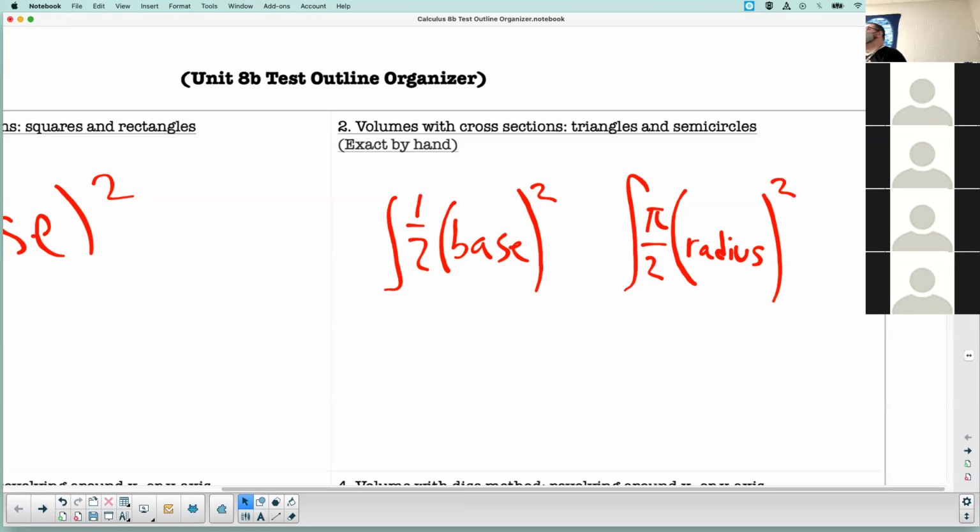The radius would still be base divided by 2, but when you cut it in half like that, it kind of looks like the base. So it should always be base divided by 2.